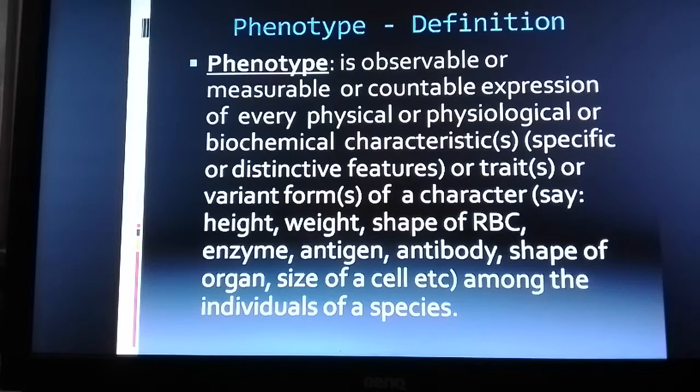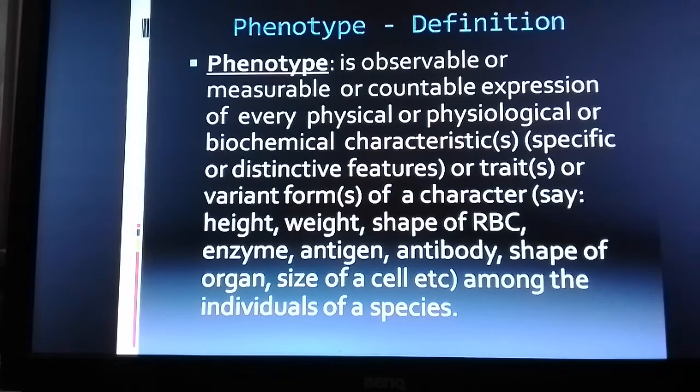Now you can count about 75 may show red eye color and 25 may show white eye color. So the phenotype of the eye color, expressed in two forms, physically expressed as red and white. So what is said to be the phenotype?